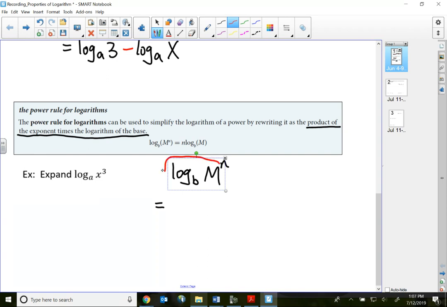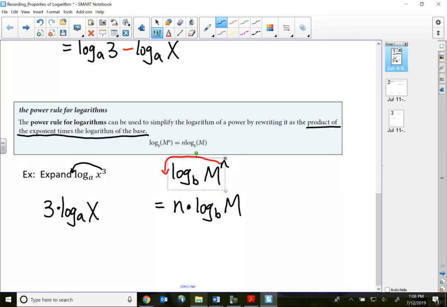So basically, I just move this to the front. That becomes n times the log with the base b of m. Okay, so in this example here, I will move my exponent to the front. So that'll be 3 times log with a base a of x.